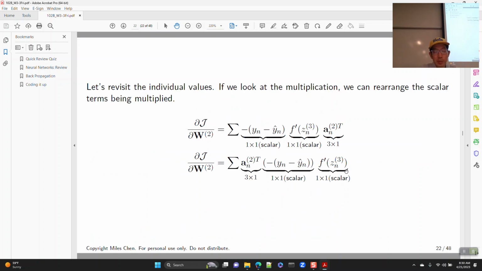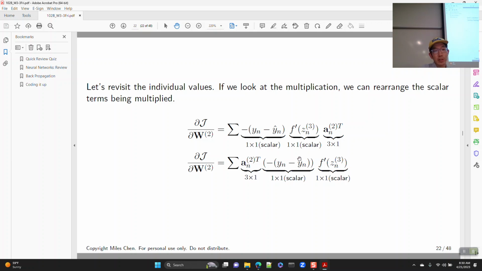So what I'm going to do is bring this A transpose to the front, okay? And we're still multiplying the same values inside the summation, so I haven't messed with anything here.